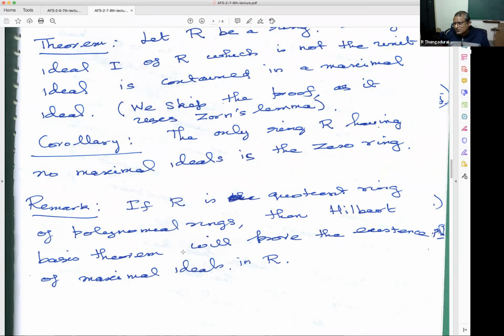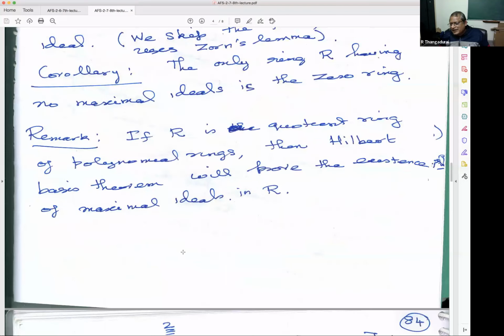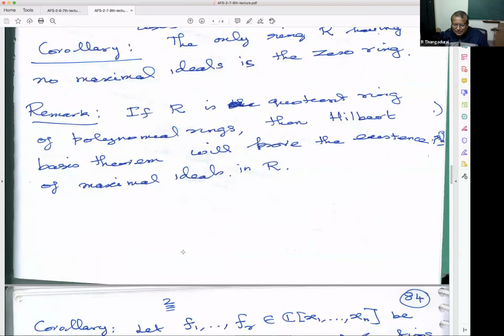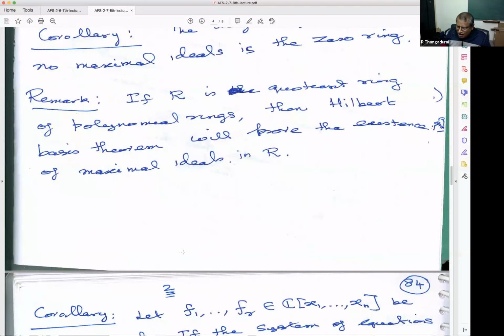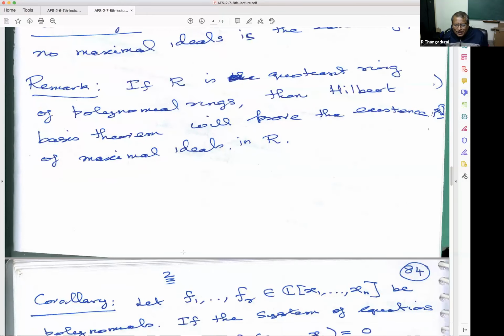Suppose it doesn't have a common solution, what happens? If you choose random polynomials, say two polynomials, they may not have a common solution, even in C.